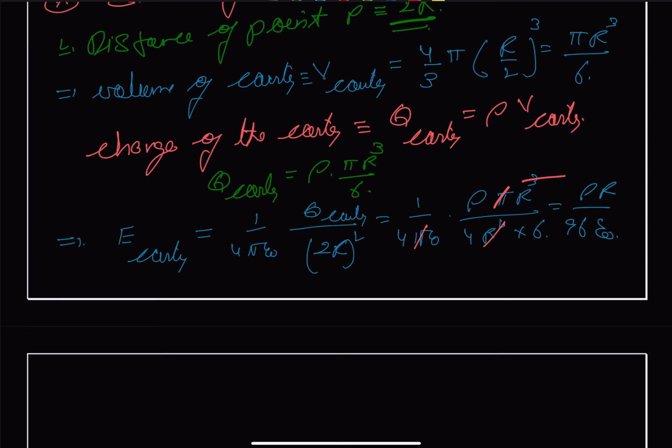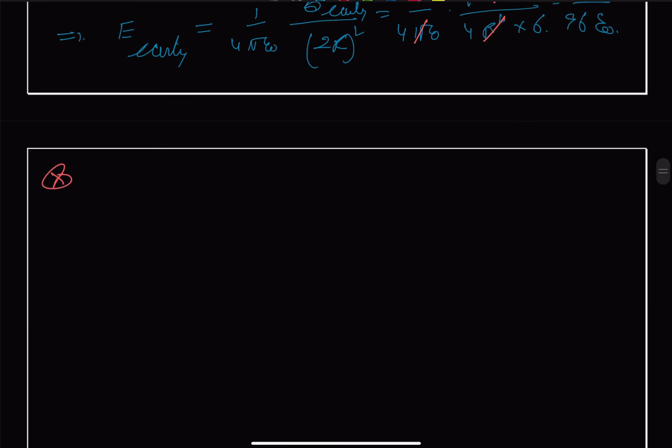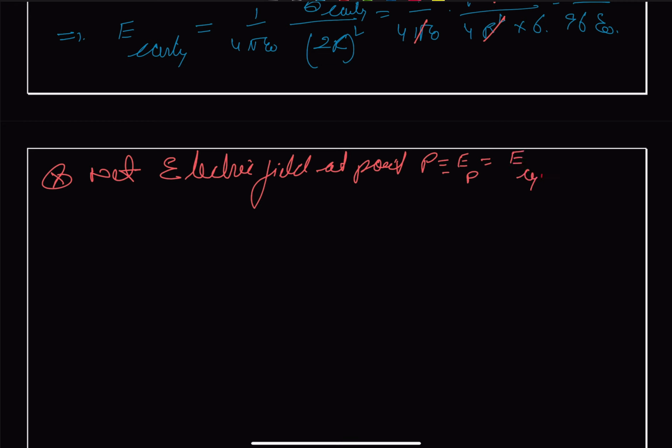Now we are going to find the net electric field at point P, and let us call that EP, which will be equal to the electric field because of the cylinder minus the electric field because of the cavity.